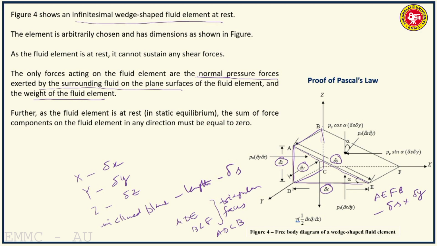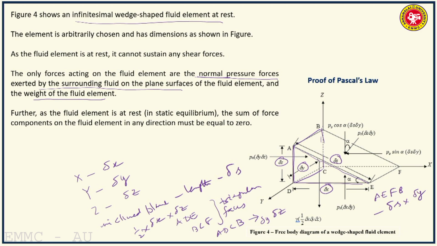So if you want the area, there will be half into delta x, that is the length DE, multiplied by delta z, that is the length AD. And then if you want the rectangular face along the plane YZ, that is ADCB, the area will be delta y delta z.